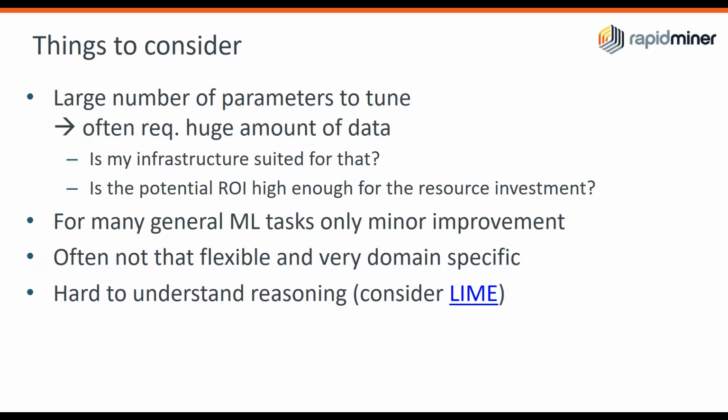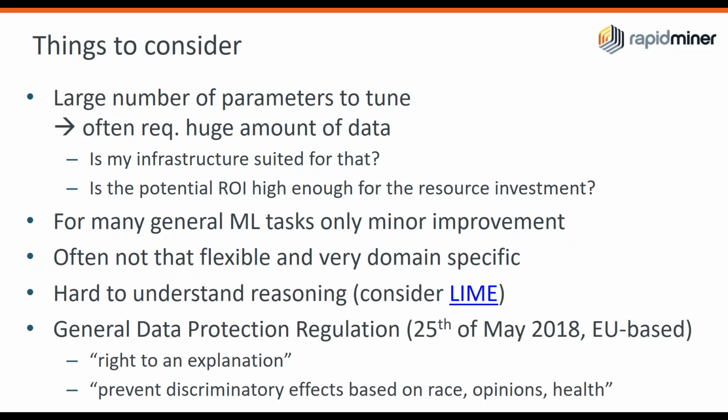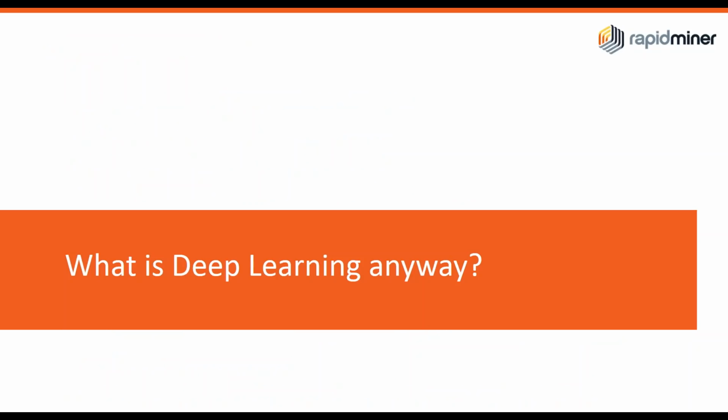But you always have to keep that in mind, because there are new laws coming up, for example, in the EU, that want you to explain why you refuse, for example, a customer for a certain product. So after getting that away, let's talk about deep learning.